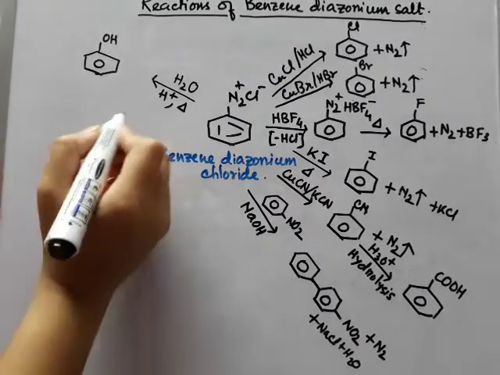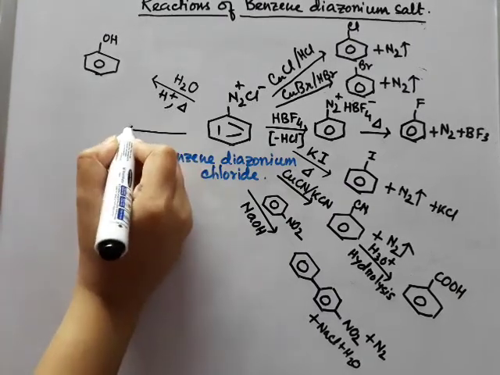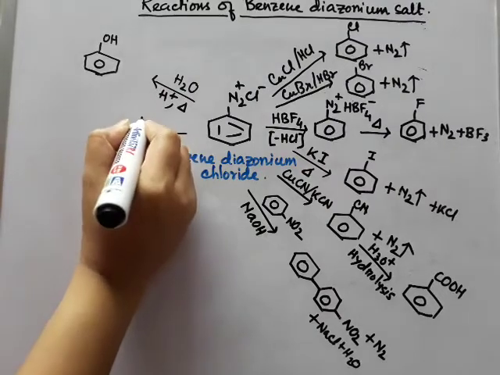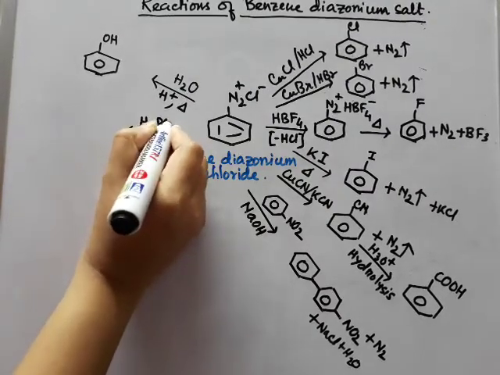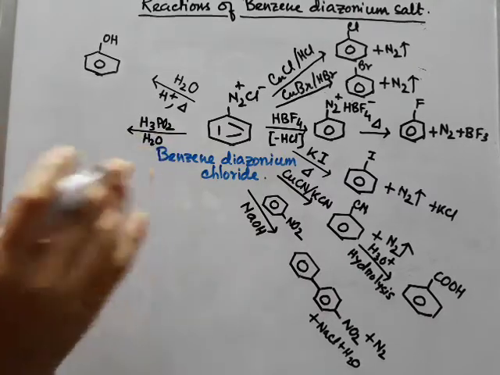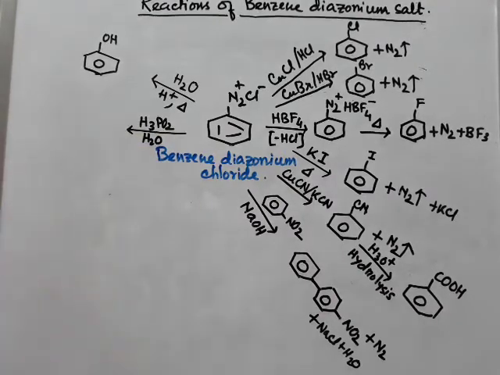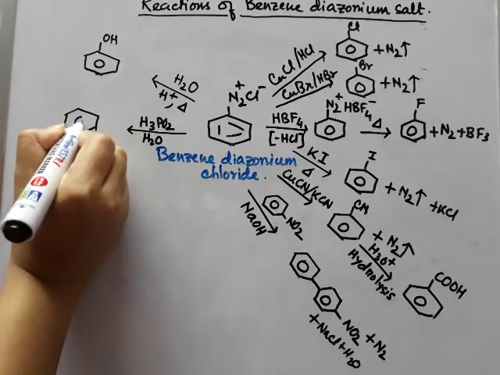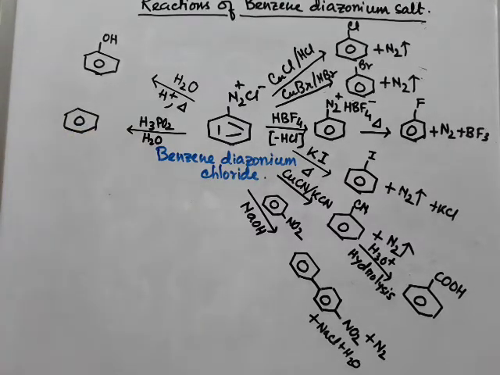Actually, when this benzene diazonium salt is treated with hypophosphorus acid, that means H3PO2, and water at very low temperature, then this diazonium salt is reduced and this diazonium group, that means N2+ Cl-, is replaced by hydrogen. That means we are getting benzene from benzene diazonium salt.